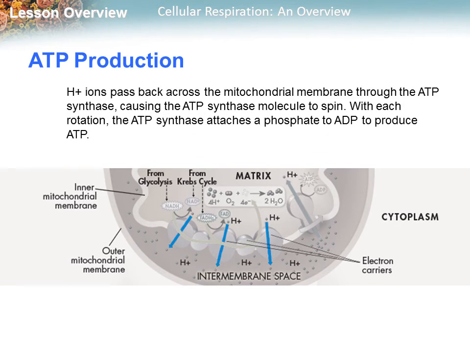Hydrogen ions pass across the mitochondrial membrane through the ATP synthase, causing the ATP synthase molecule to spin. With each rotation, the ATP synthase attaches a phosphate to ADP to produce ATP.